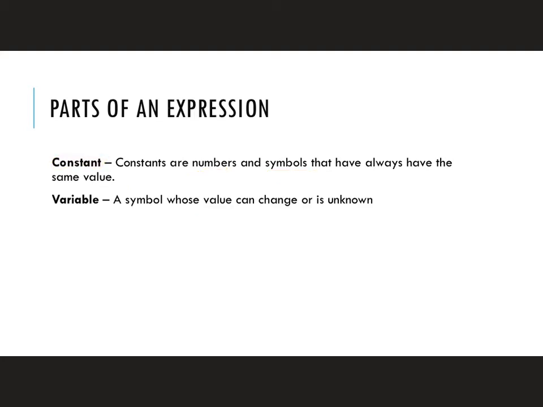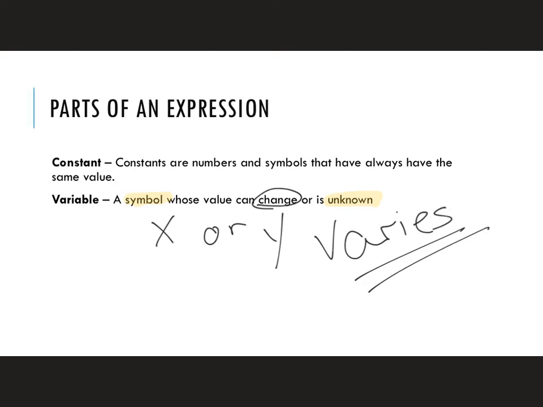Variable is a symbol whose value can change or is unknown. So, typically we use things like X or Y. It just means something that can change or is unknown. It varies. Okay?